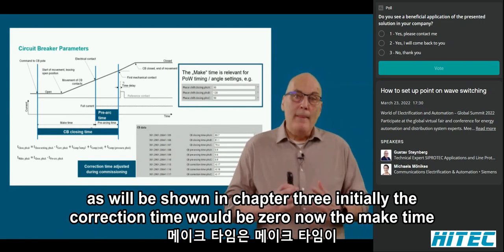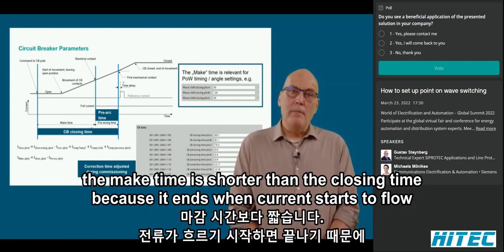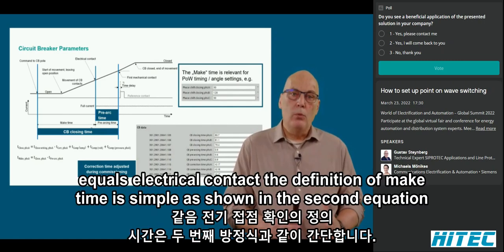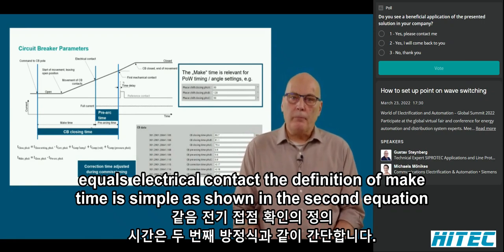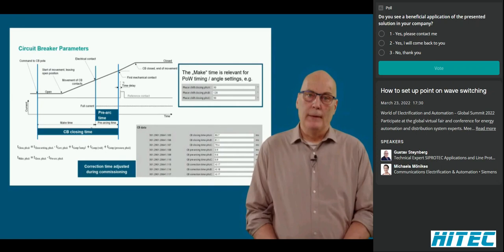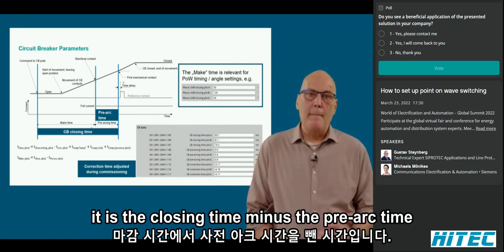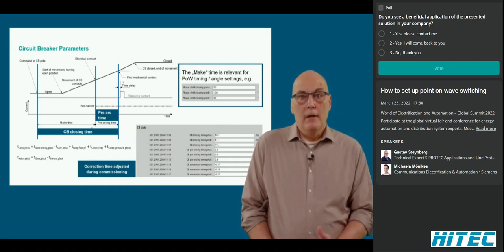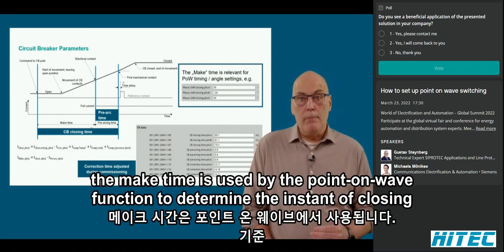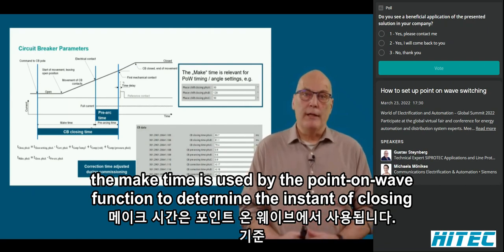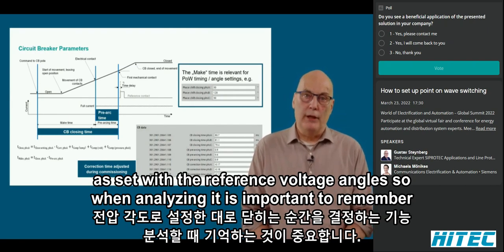Now, the make time. The make time is shorter than the closing time because it ends when current starts to flow, equals electrical contact. The definition of make time is simple, as shown in the second equation. It is the closing time minus the pre-arc time. The make time is used by the point-on-wave function to determine the instant of closing as set with the reference voltage angles.